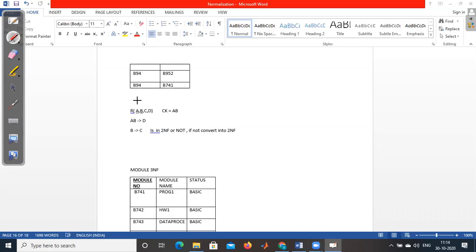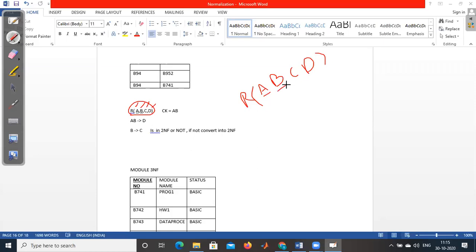Say, students, this is the given relation R(A, B, C, D). Relation R has four attributes: A, B, C and D. In this, A and B are prime attributes.